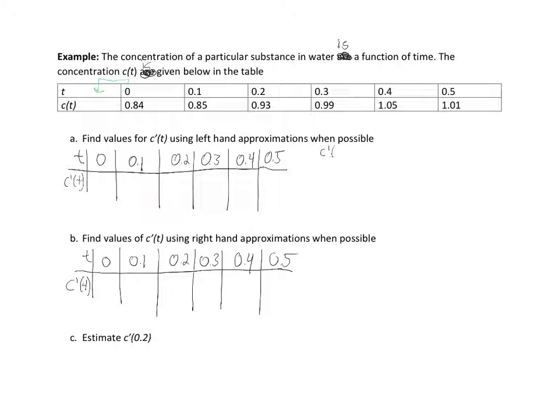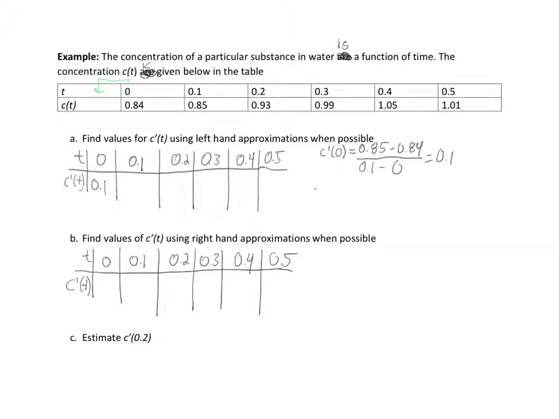So I'm going to estimate c prime of 0 equals, and again, I'd have to use the point to the right because I don't have one to the left. 0.85 minus 0.84 over 0.1 minus 0. And if we work that math out, you'll get 0.1. So we're going to estimate this derivative as 0.1.